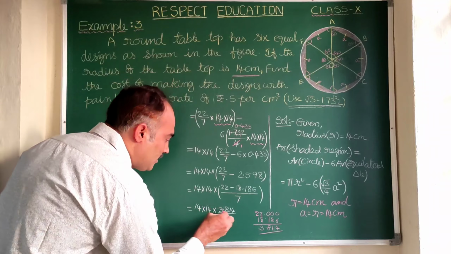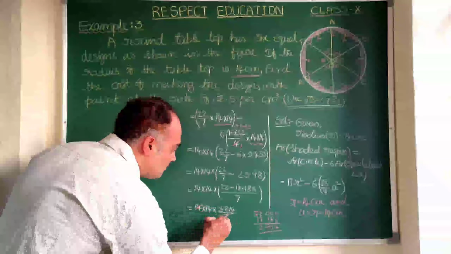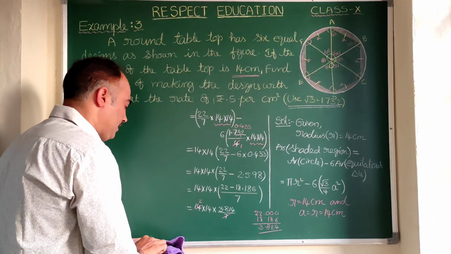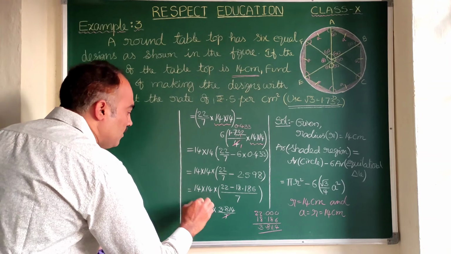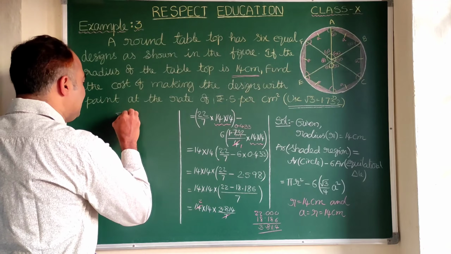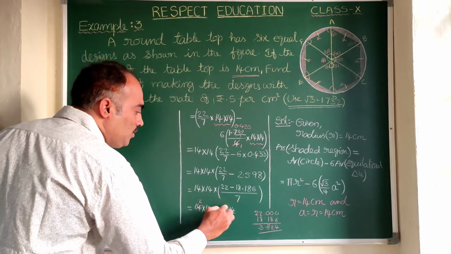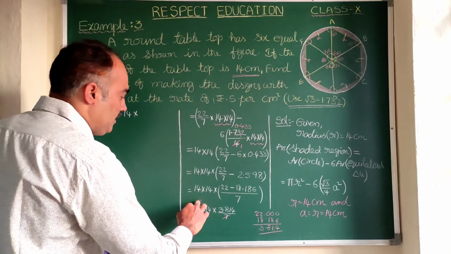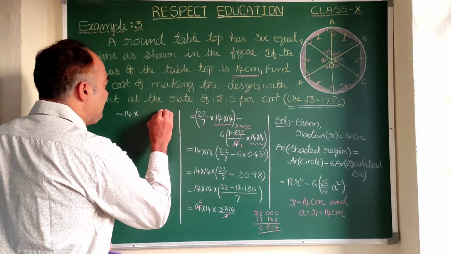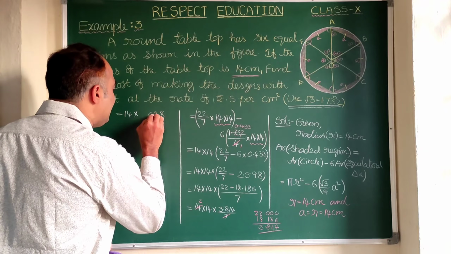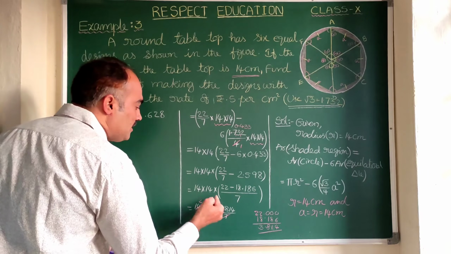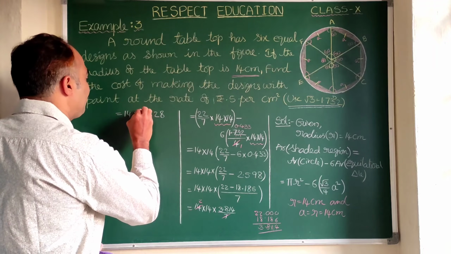Now here what happens? Let us cancel this 14 with 7, that is 2 times. Right. Now here we are going to move this side. 14 write as it is into 2 into 3.814. So here 2 4s are 8, 2 1s are 2, 2 8s are 16. Here 1 is carry forward. 2 3s are 6 plus 1, 7.